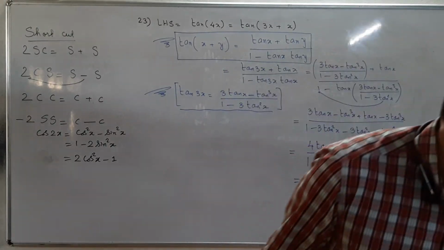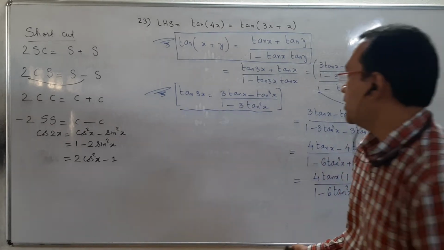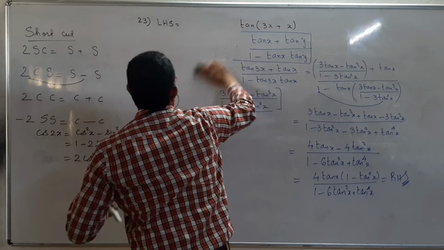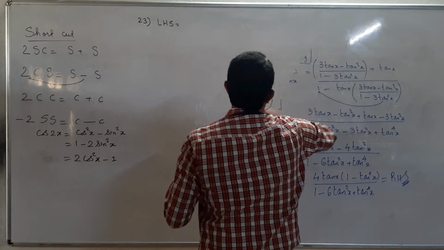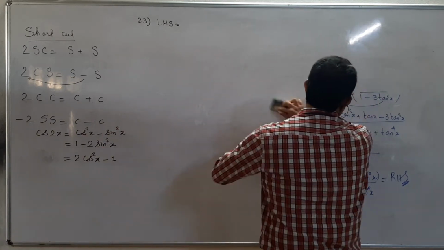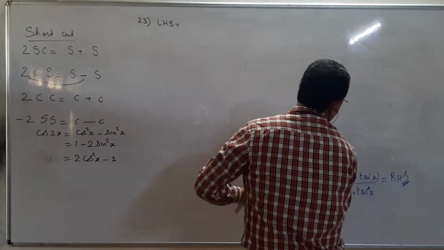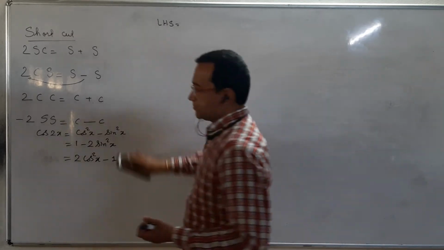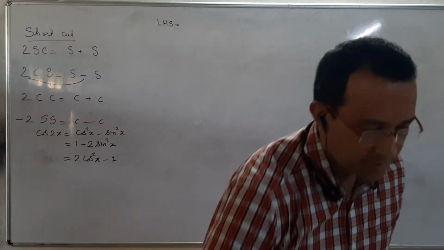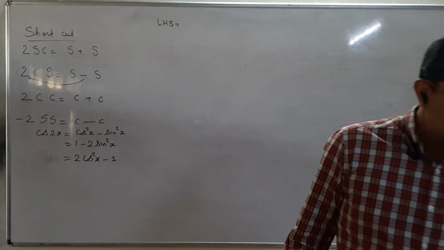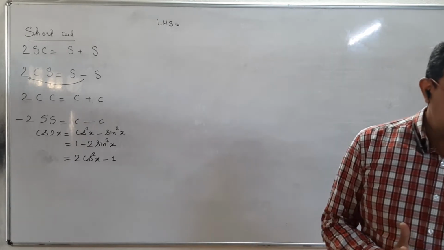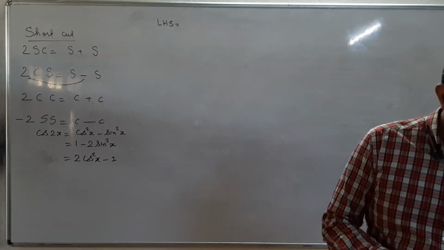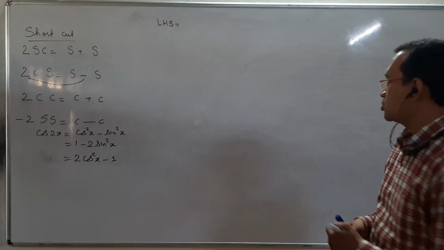Okay students, now I am doing sum number 24. I think we did this question, or not? Even though I think we have done the question, let us do it again.